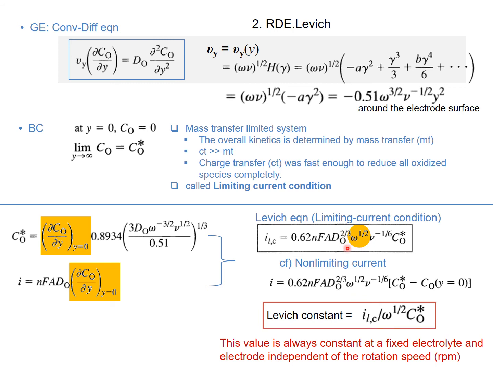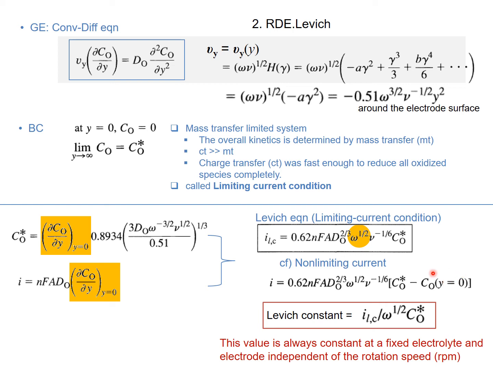We could easily extend this Levich equation into the non-limiting current expression. For the non-limiting current, everything is the same, this part and this part, with C_O star minus the surface concentration of the oxidized species.